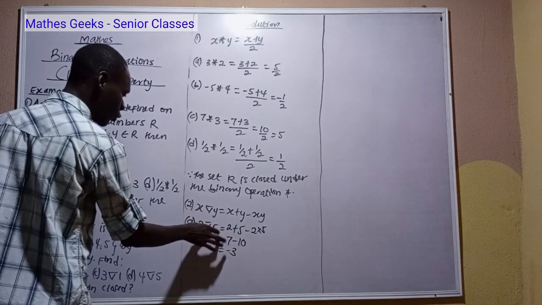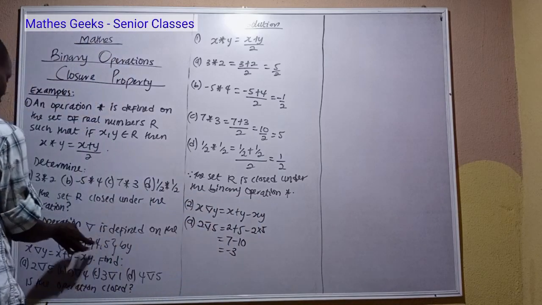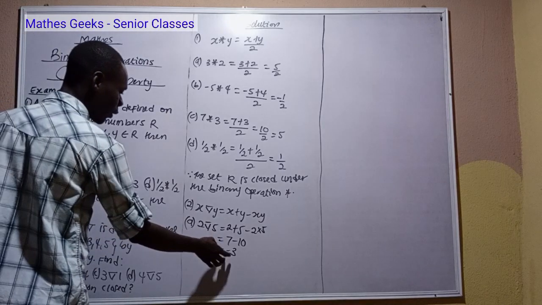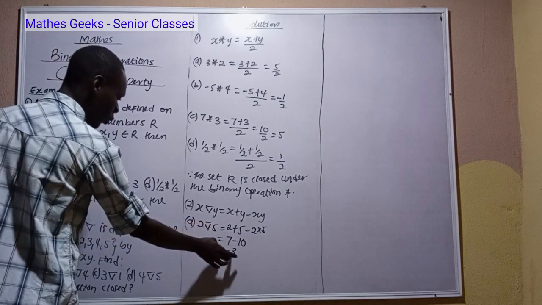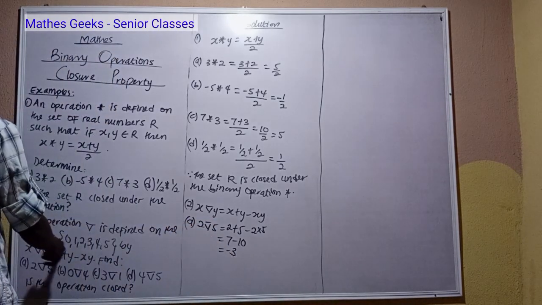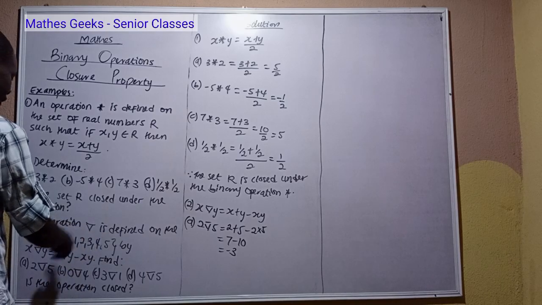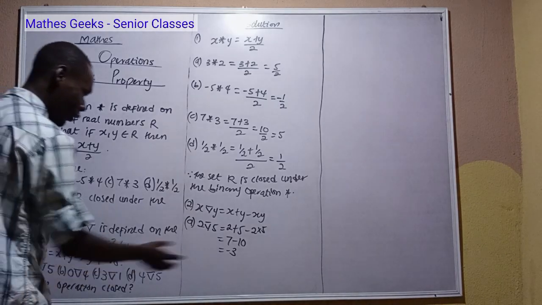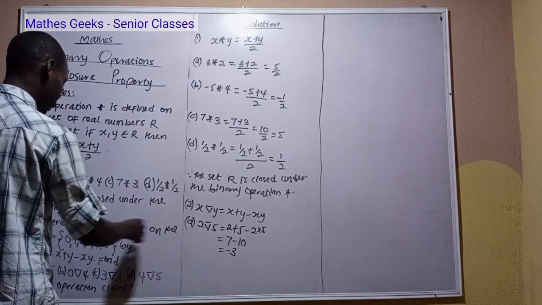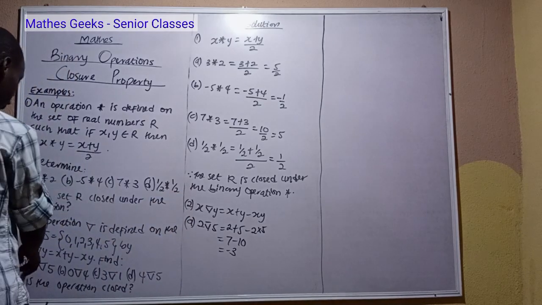We discover that 2 and 5, which are elements of the set S, produce a third element, minus 3, which does not belong to this set S. Therefore, from this alone, this set S is not closed under this operation.